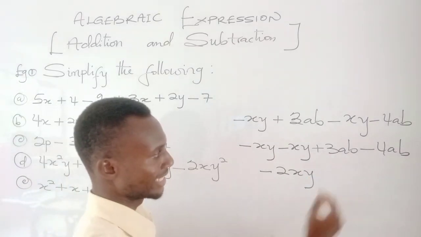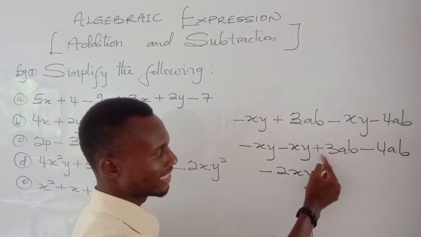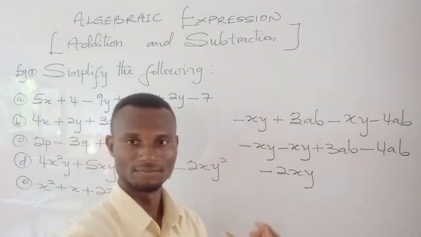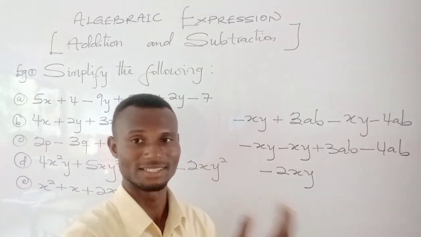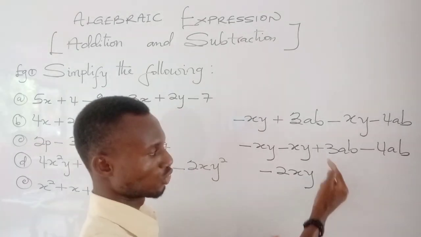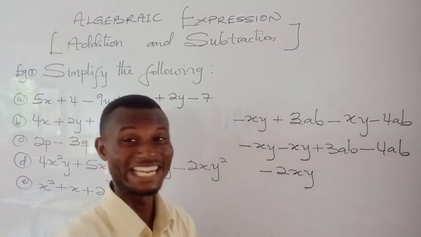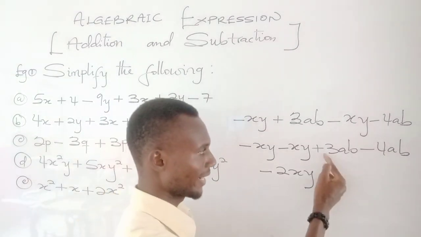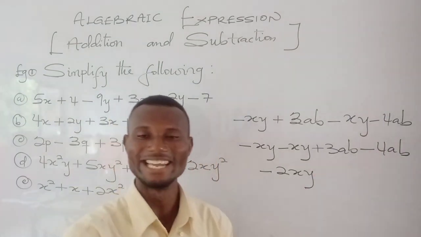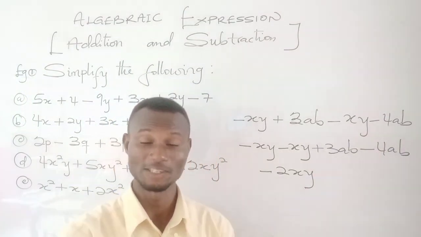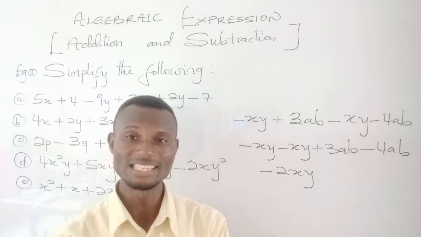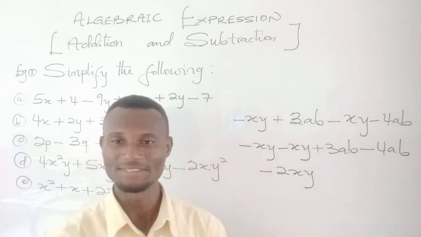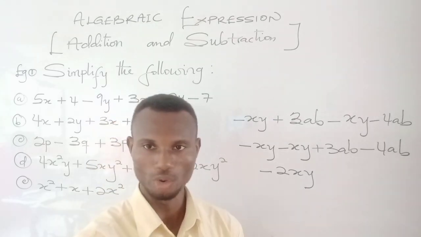Let's come to this one. I have positive 3ab minus 4ab. Again, we deal with the coefficients. Don't forget, that's what we have been doing all along. So 3 minus 4 gives negative 1. I've explained that you consider the positive number as the money you are having and the negative number as the money you are owing.